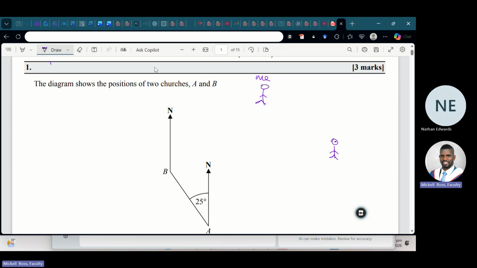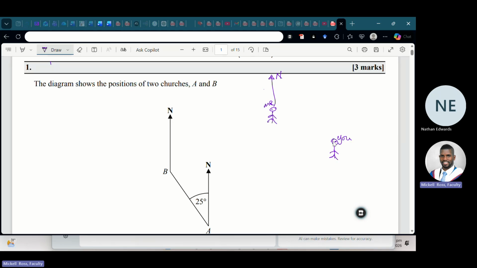If I'm going to look at you, I have to first know where my north is. And this is me and you are right here.